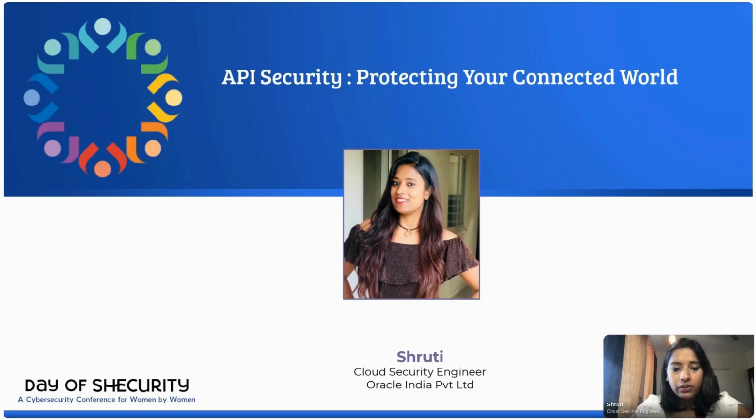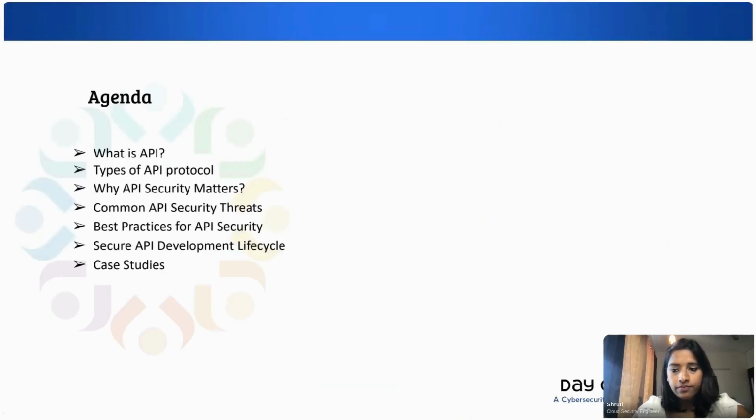So now I will walk you through the agenda of this session. We will start with some general understanding of API, its importance in modern software development, and a few examples. Moving over to types of API protocol, how can we pick the right API technology based on our requirement?